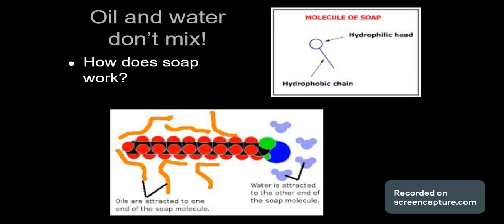One end of the soap molecule is bonded with the soil, that's biological oil, dirt and things like that, and it pulls off your body as the water runs down when you take a shower, for example. Because the soap is bonding with the dirt and oil on one end, and the water is bonded with the soap on the other end and rinses you off. And that's how you get clean.